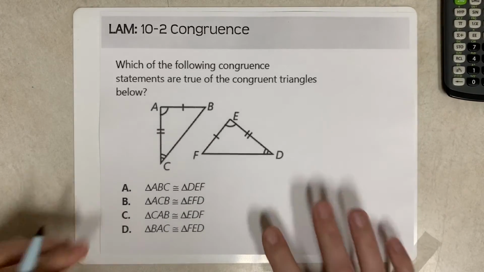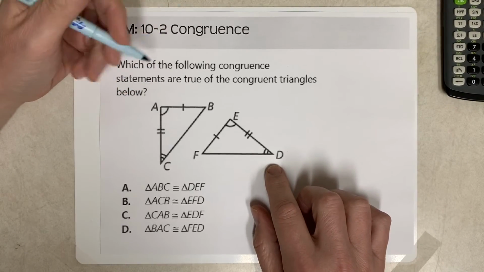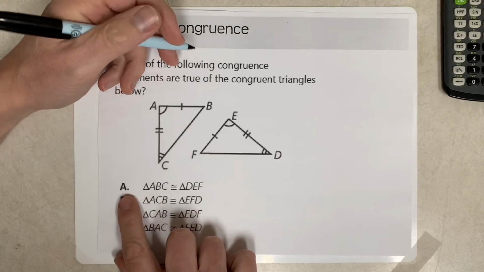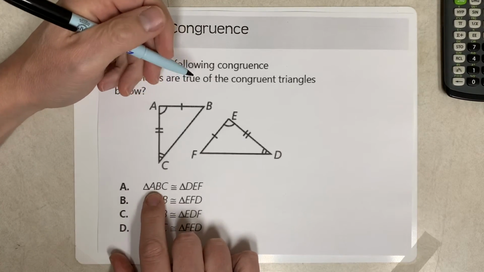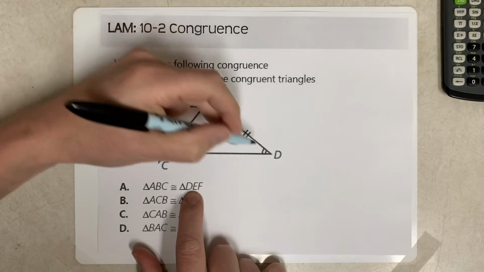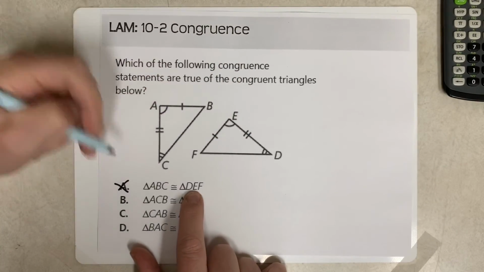Okay, here's two triangles and we have some congruency statements. So this should be interesting. Let's use some process of elimination. Let's go with choice A. Let's look at some sides. Does AB match up with DE? AB, DE. Nope, that has one mark. That has two, doesn't it? A is out.